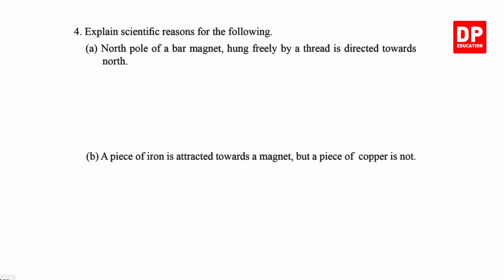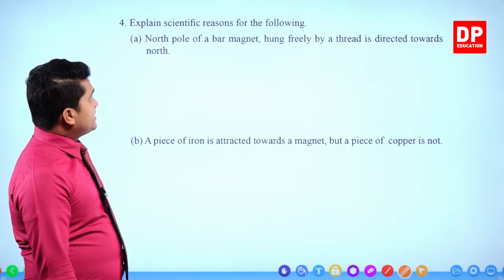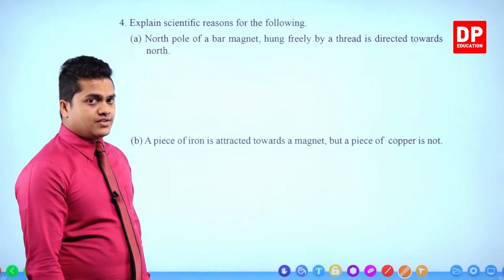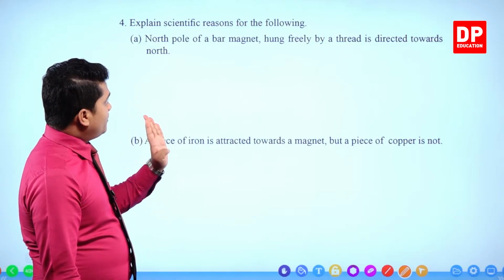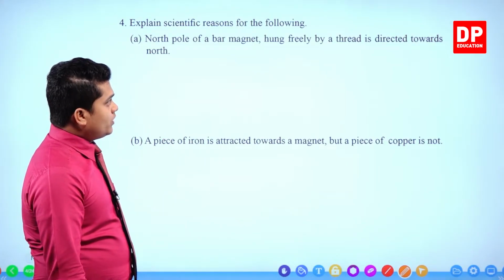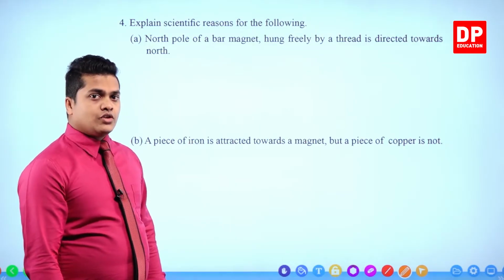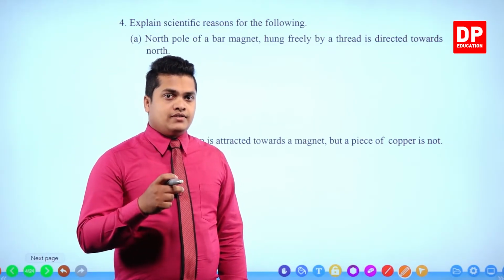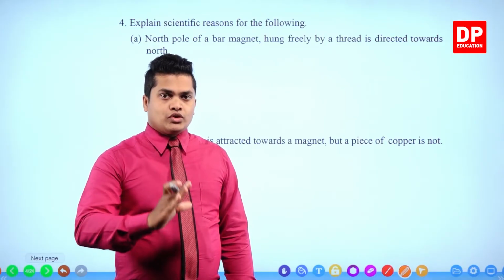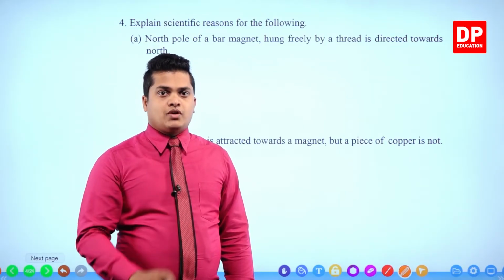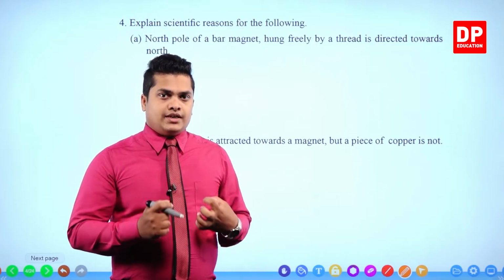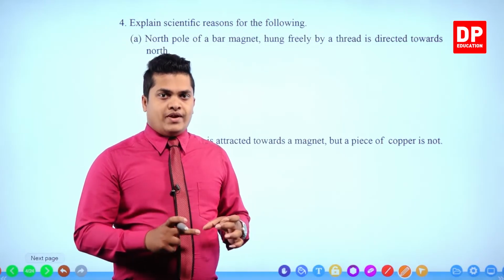Here the fourth one: explain scientific reasons for the following. North pole of a bar magnet hung freely by a thread is directed towards north. You know that when we hang a magnet freely in air, that magnet would turn to the north and south directions of our earth. It's because our earth contains geomagnetism.